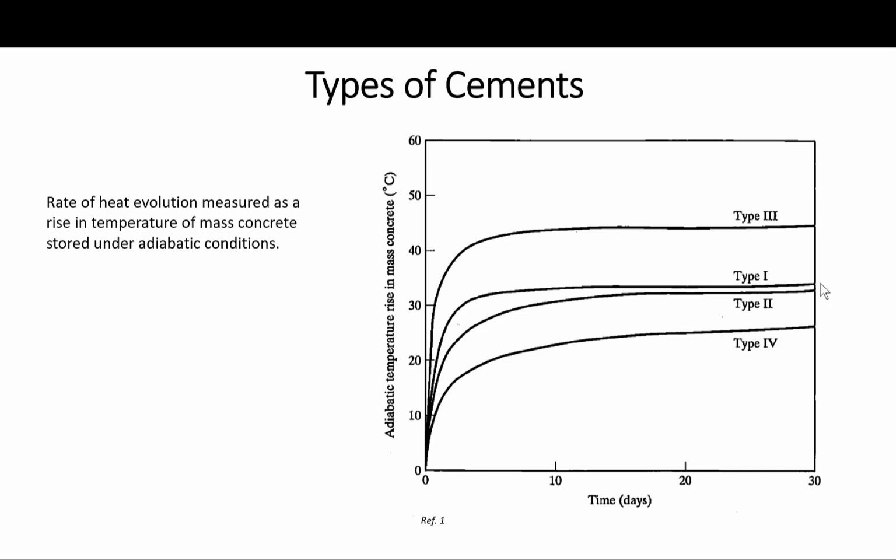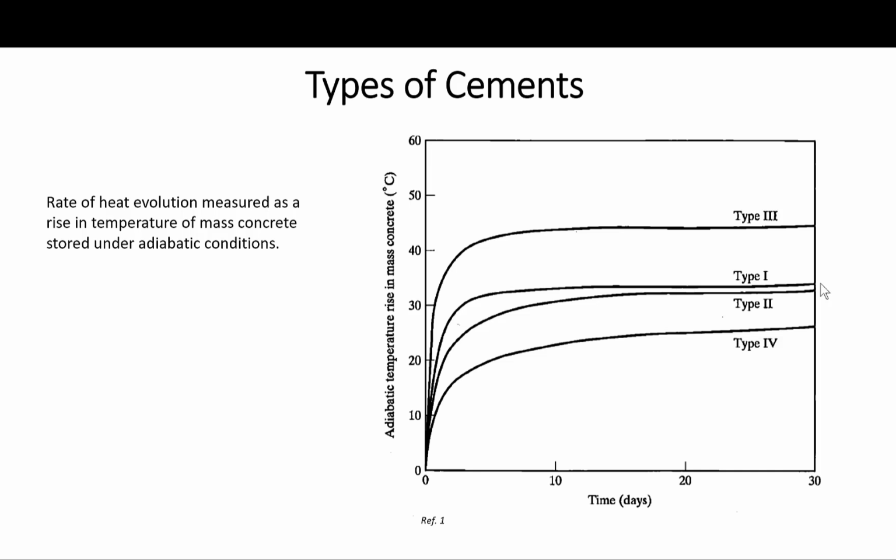So therefore, the rate of the heat evolution is the important quantity. The contribution of each compound to the overall rate of heat evolution is a function of the heat of hydration, the rate of hydration, and the fraction of that compound in the cement. As you will see in a few slides.